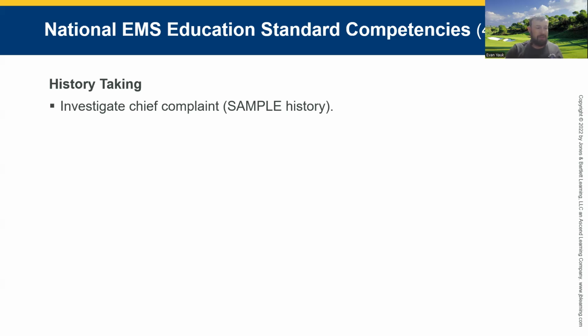If your patient is not alert, or if they are unresponsive, then it is a life threat. We have to find it ourselves because they're unable to tell us. But if they're able to talk to us, we can get a SAMPLE history. Sometimes we can use family or bystanders. We'll break that down later, but it's signs and symptoms, allergies, medication, past pertinent history, last oral intake, and events leading up to.